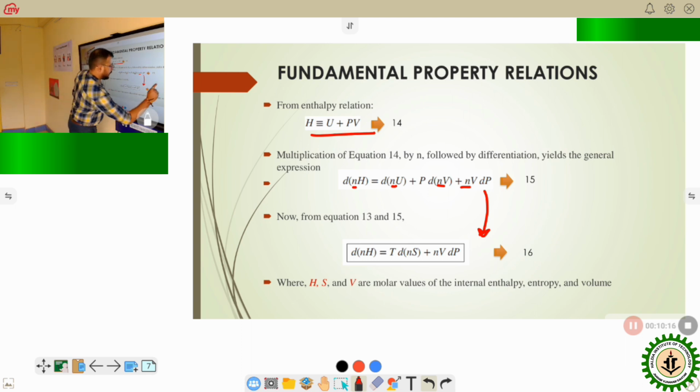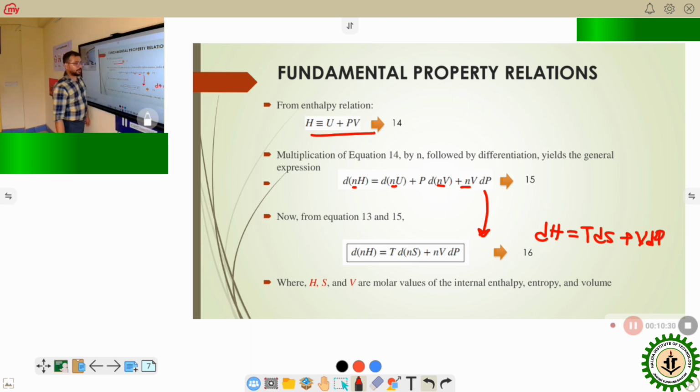So this equation number 16 gives the information about H or enthalpy, temperature, entropy, volume, and pressure, which is also another primary relation under the thermodynamic properties, also known as the second fundamental equation.